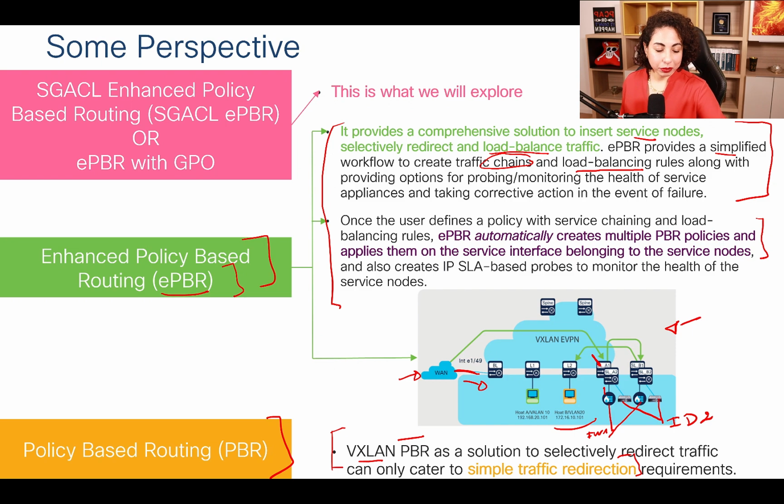So actually it can be quite a long configuration, but what the ePBR workflow allows us to do is take some of the burden of this configuration and automate it in the background. Even if we are not using a controller, even if we are not using NDFC, when we go into the CLI and push the configuration, a lot of stuff is pushed automatically in the background.